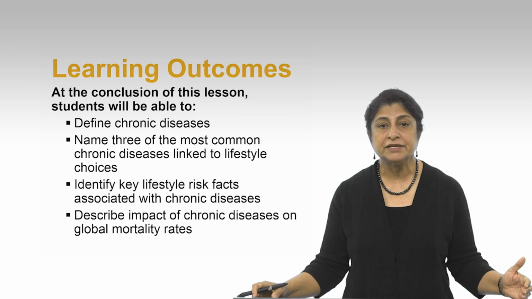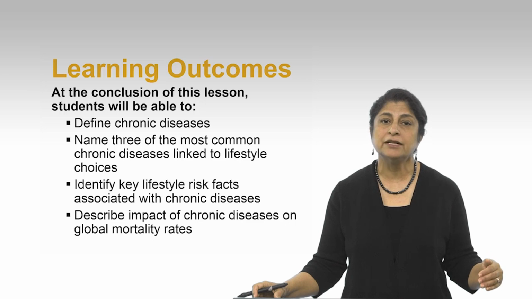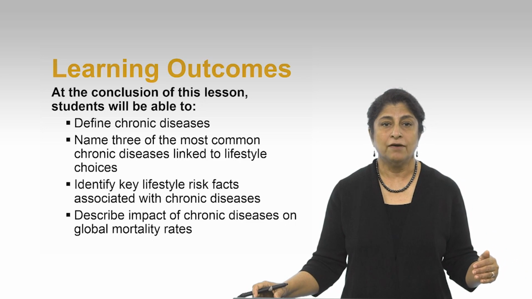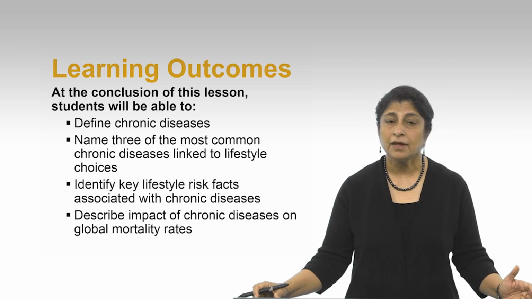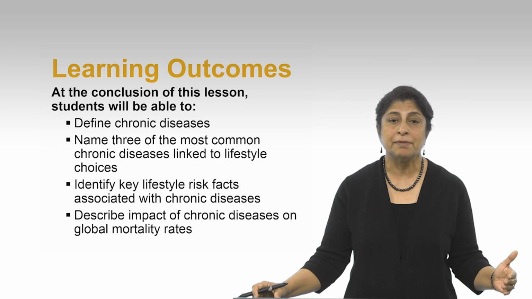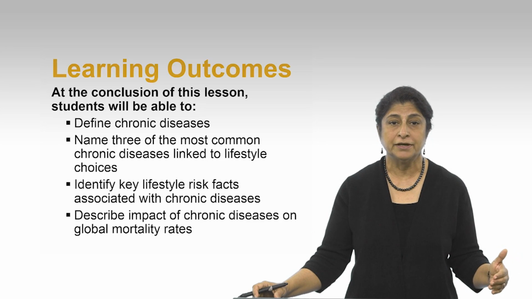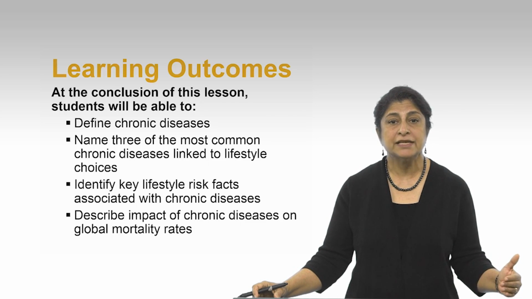And again, I'd like to reiterate that as we look at specific chronic diseases, look at the commonality of key lifestyle risk factors and also prevention strategies for each one of them. We'll talk about, as we have talked about, the impact of different health conditions, both on individuals and on nations and globally.